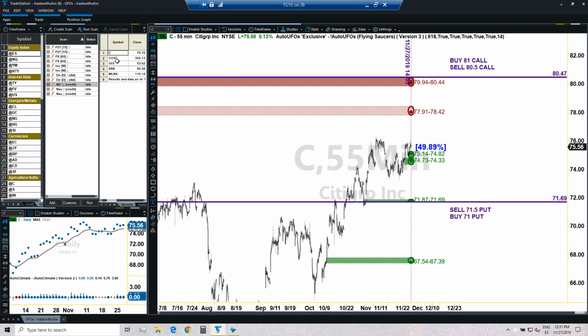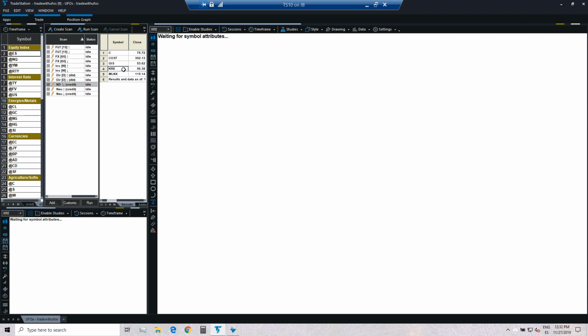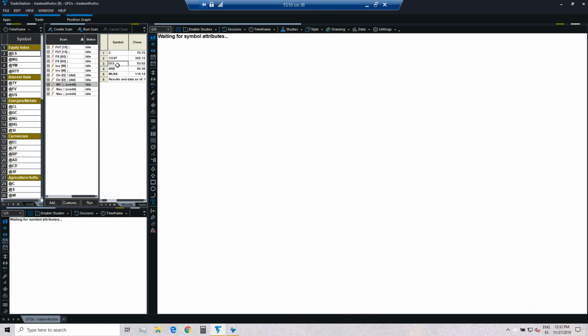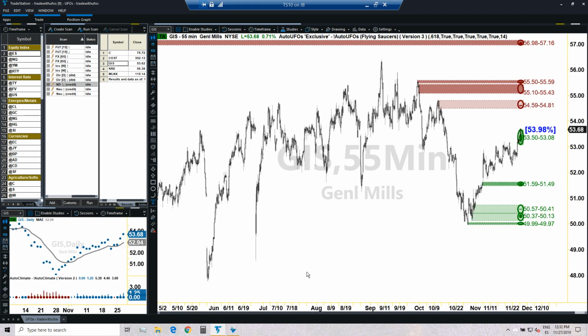GIS and KRE. Well, KRE is actually an ETF, so I should not click on that one. GIS would be a valid company to do an iron condor in. We do have UFOs above and below.